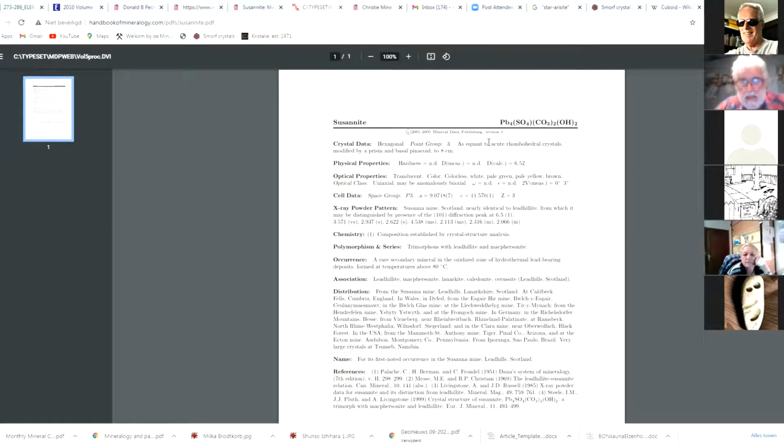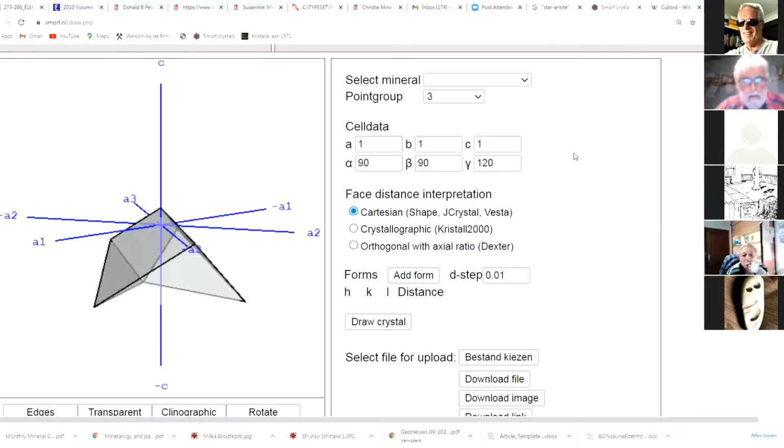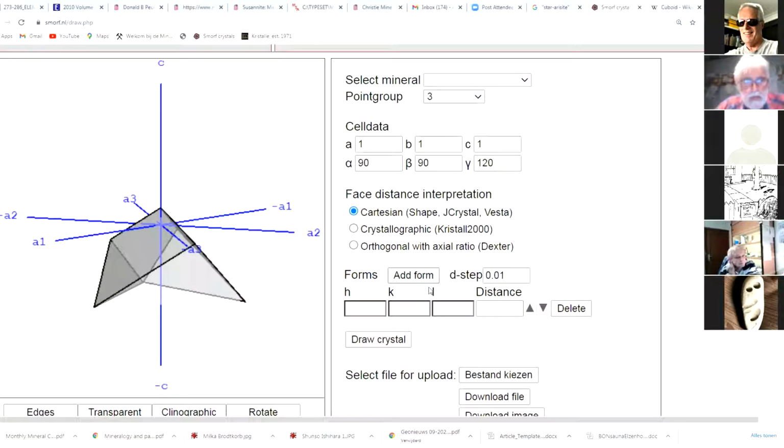Okay, so it says as equal to acute rhombohedral crystals modified by a prism and a basal pinacoid. Let's see if we can produce that. So we add a form. Let's see, we'll just add 1, 0, 0 at a distance of 1.